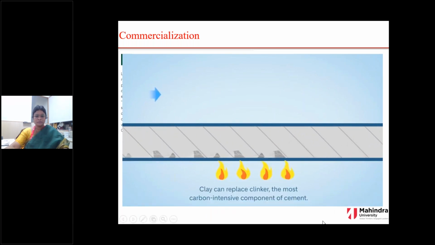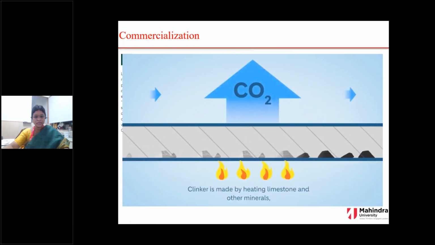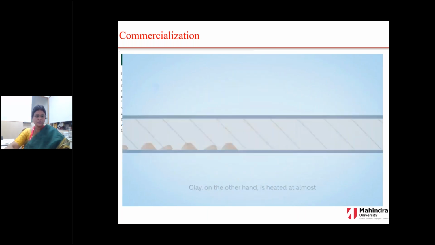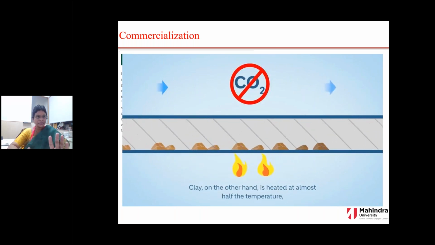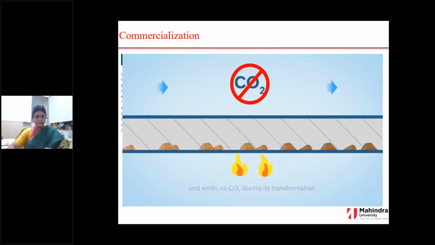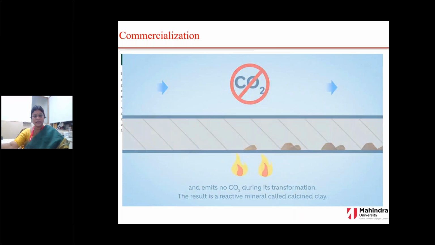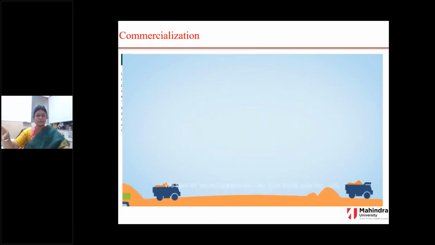So where we are replacing the clinker, as we know that clinker is made by heating limestone and other materials, during which a lot of CO2 emissions happen. So instead, we are using clay which is heated at half of the temperature of the clinker. Thereby, there is no CO2 emission during its transformation, and as a result, we get a reactive mineral called calcined clay. And how are we going to use that material?